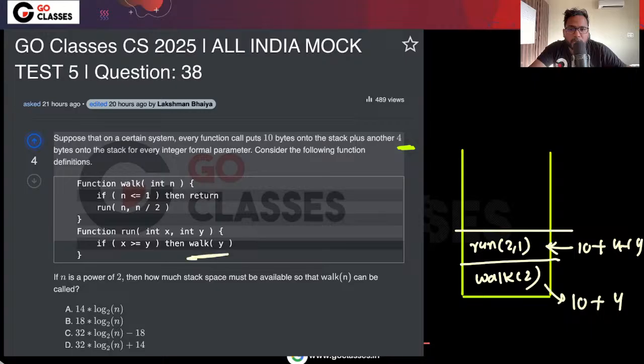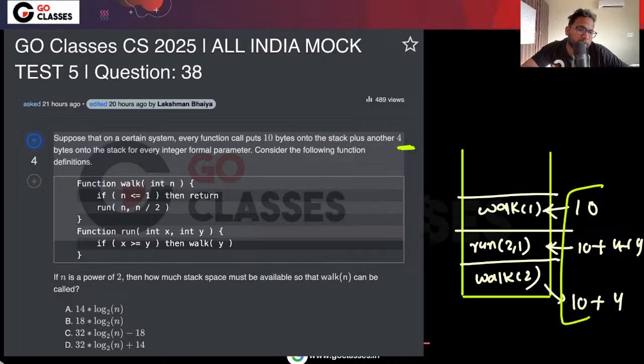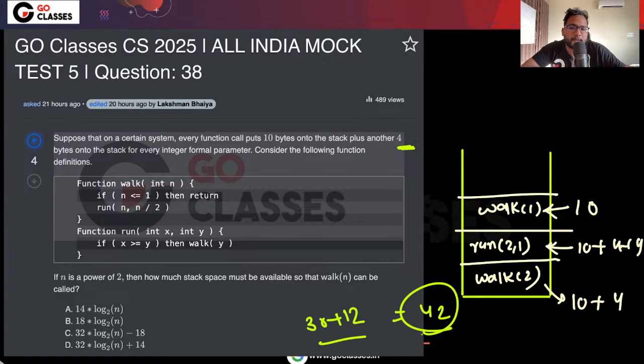Now it will be calling walk 1, and walk 1 will be returning. So it will be 10, right? So you can say 10 plus 30, total 30 plus 12, which is 42. 42 is needed.